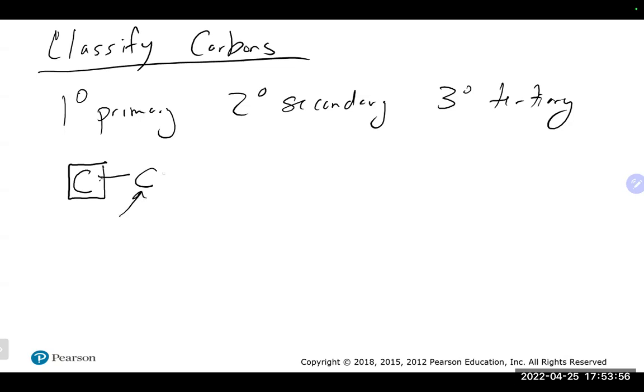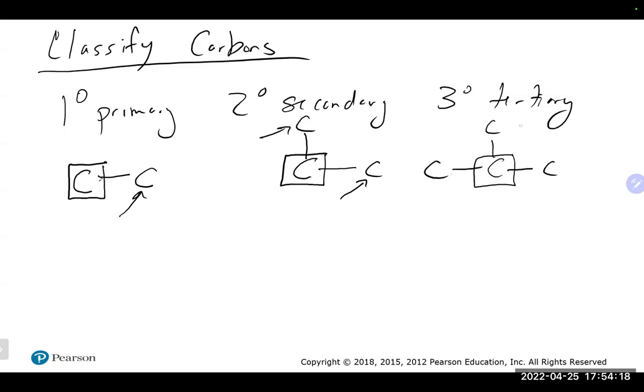And a primary, since it's 1, it's 1 carbon attached to it. You look at a secondary carbon, and it should have 2 carbons directly attached to it. A tertiary carbon actually has 3 carbons directly attached to it.